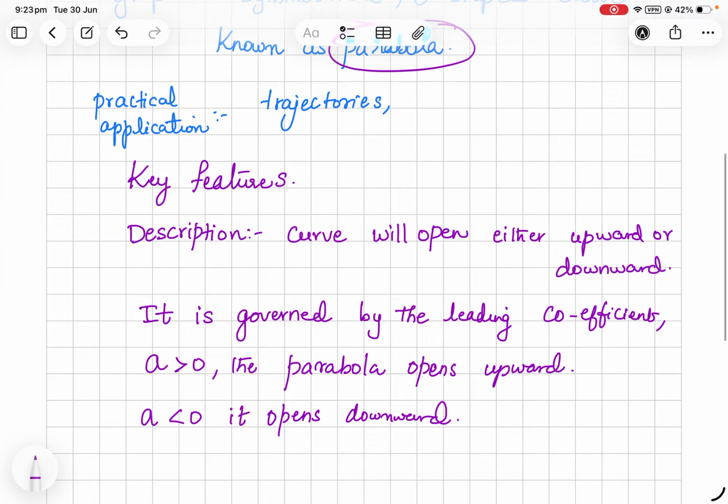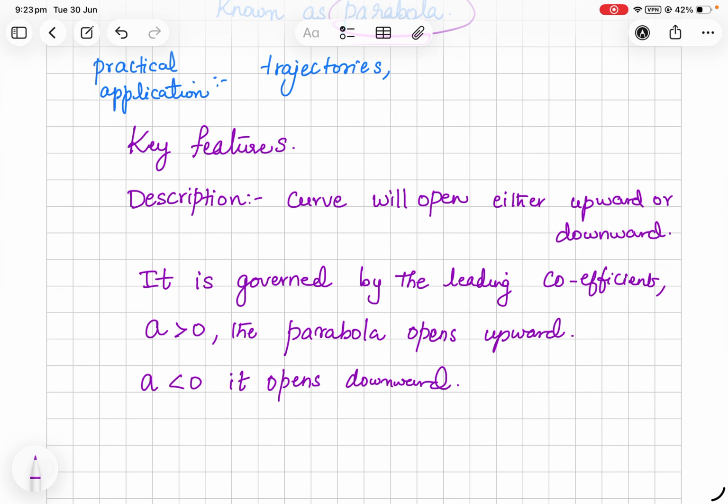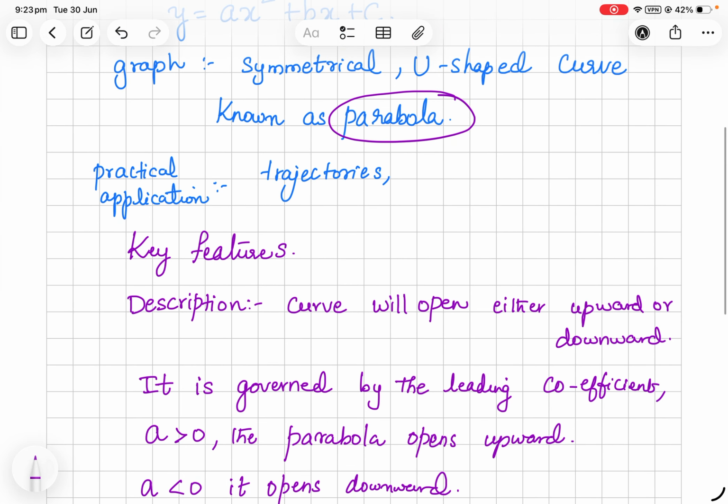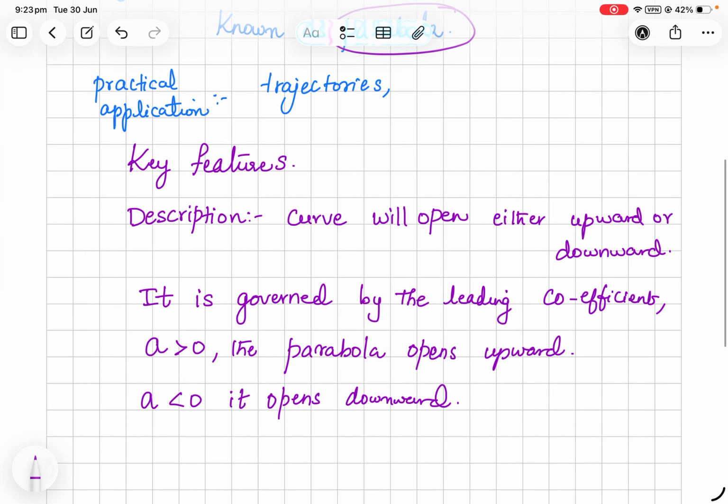Now, what are the other key features of this quadratic function? These curves look U-shaped. First of all, you need to know that they're going to be a symmetrical U-shaped curve, right? And they can either open as a U or an upside down U. Depending upon the numbers in the equation, especially the leading coefficient of the x squared term, which we represent with the letter a, the curve will either open upwards or downwards.